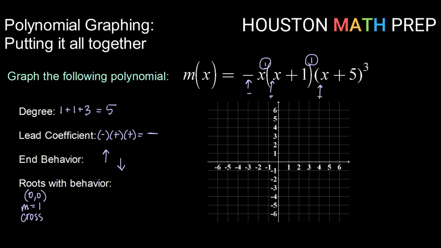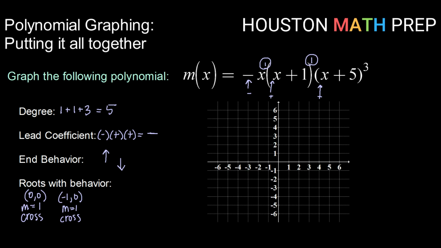Moving to my next factor, x plus 1, if I set x plus 1 equal to 0, that would give me a root of negative 1, 0. Again, my power there is 1, so I've got multiplicity 1, and odd multiplicity tells me I have cross behavior.